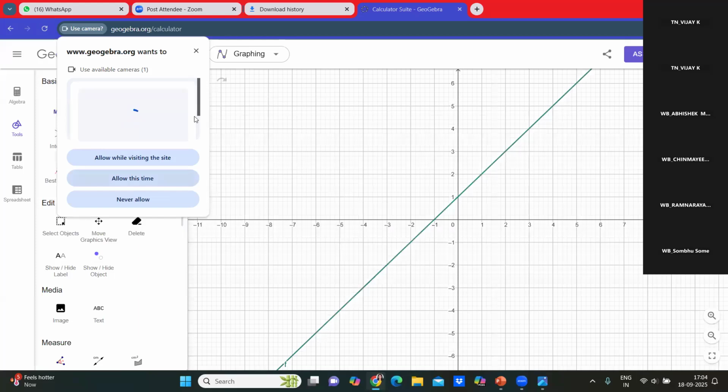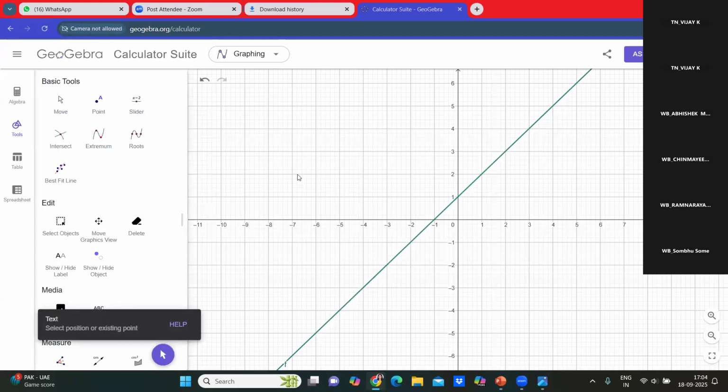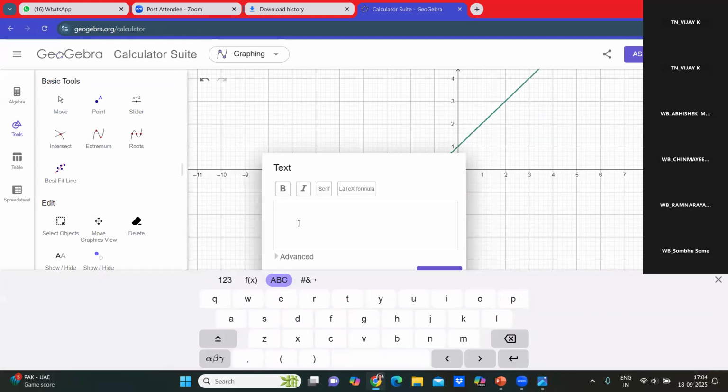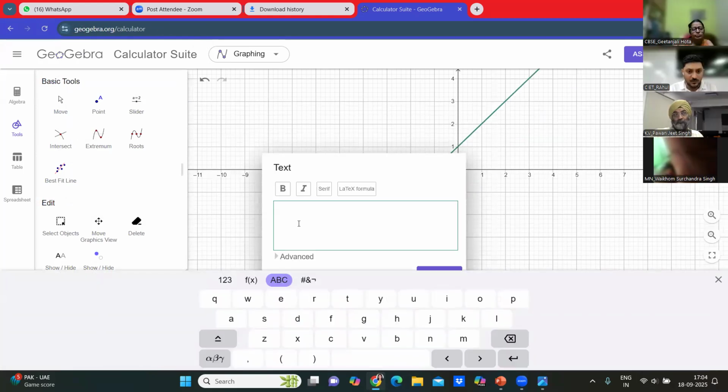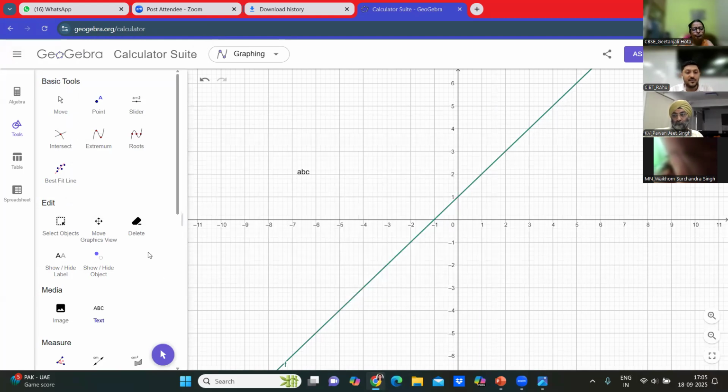Text can also be created here, like ABC.